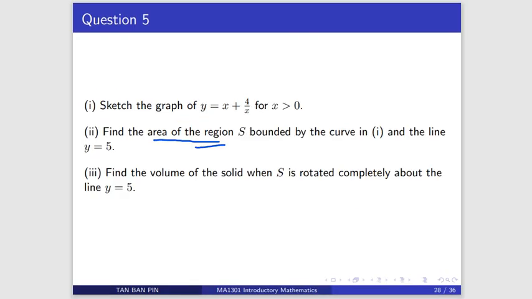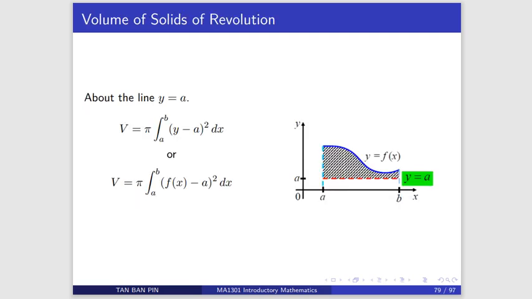Next, part 3, you are asked to find the volume of the solid when S is rotated completely about y equal to 5. To do that, you have to know that if you rotate about y equal to a, the formula is pi times the integral from a to b of (f(x) minus a) squared dx. In this case, the line is y equal to 5.